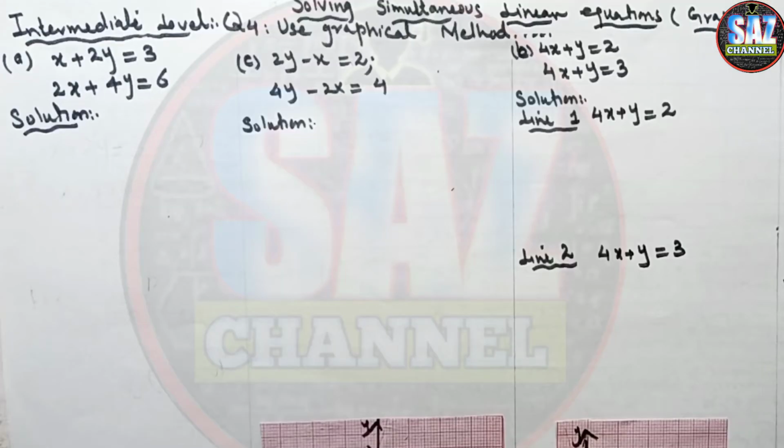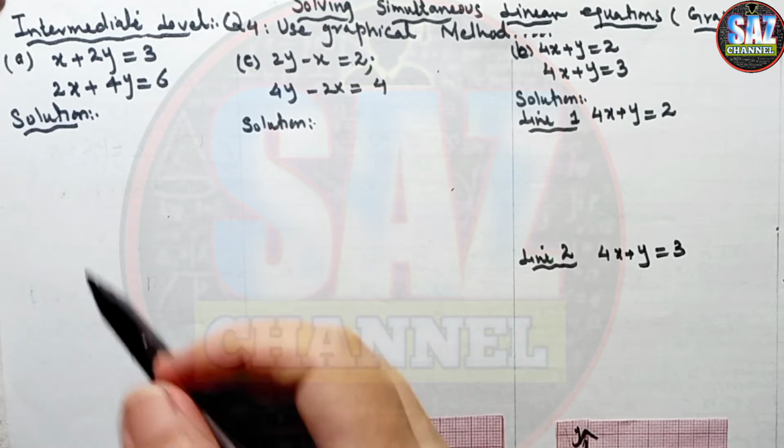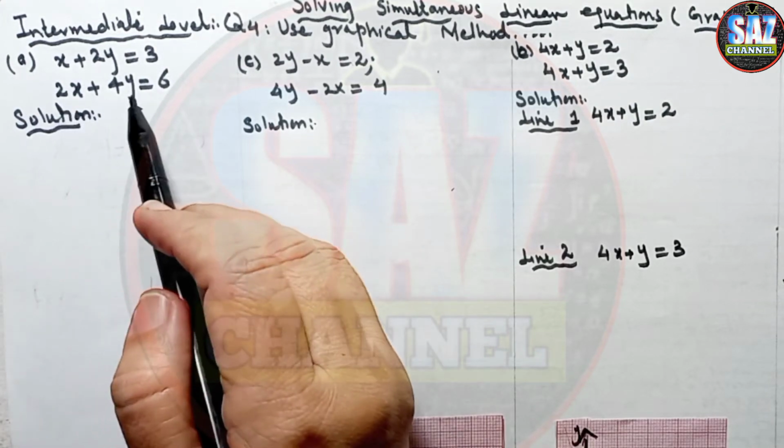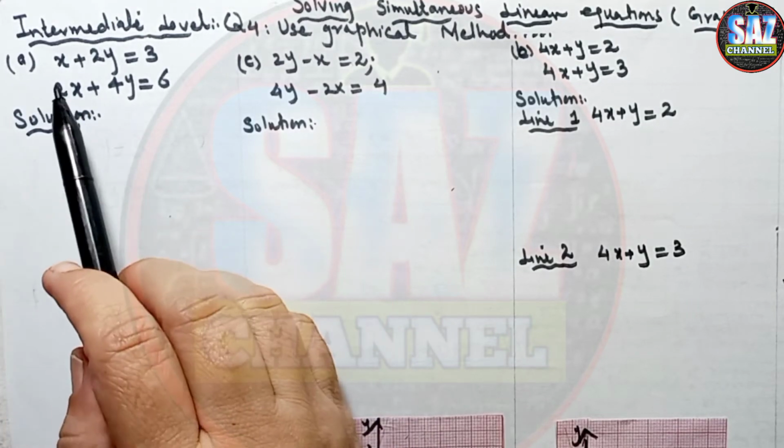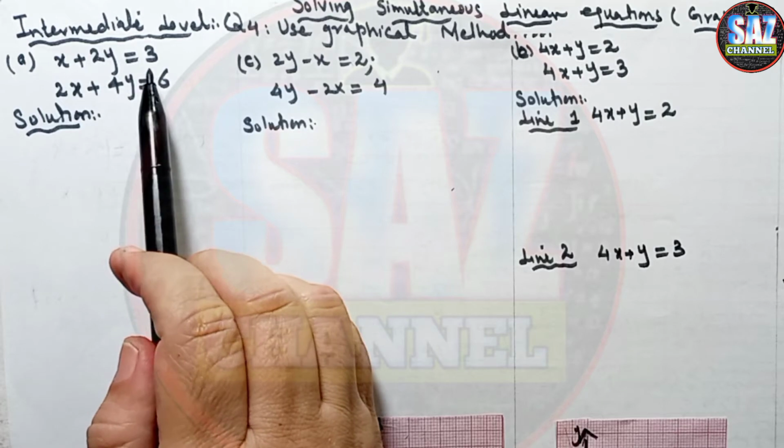Let's move to part A of the question, which is x plus 2y equals 3 and 2x plus 4y equals 6. The first equation is already in simplified form.